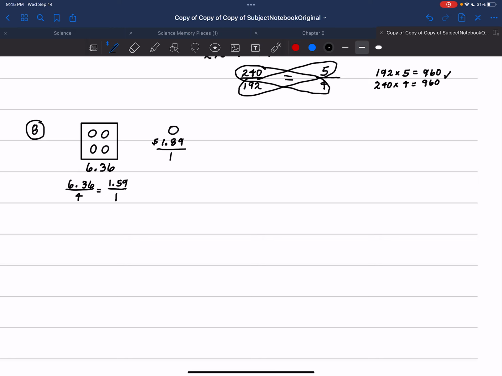By buying the 4-roll package instead of the 4 individual rolls. So how much do you save per roll to buy the package deal? So you have $1.89 minus $1.59. So you are saving 30 cents per roll. And that's what they asked me. So I like A for this one.